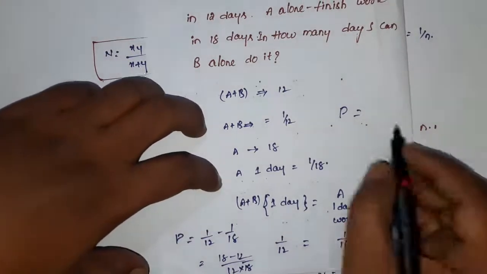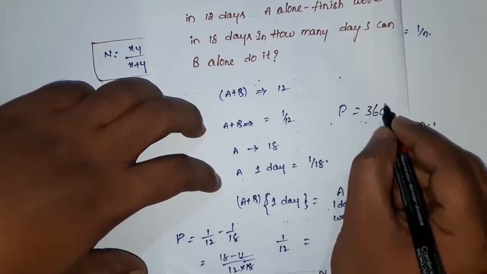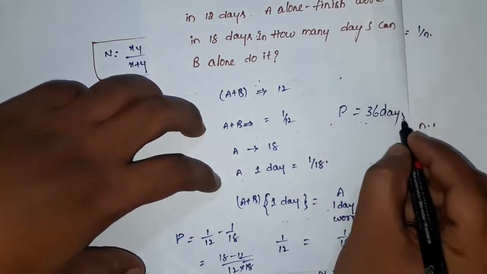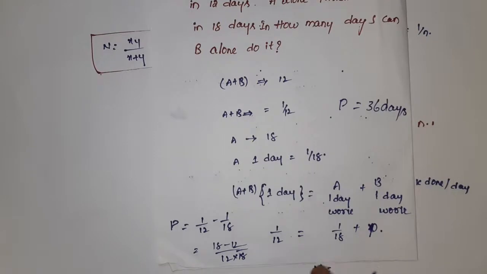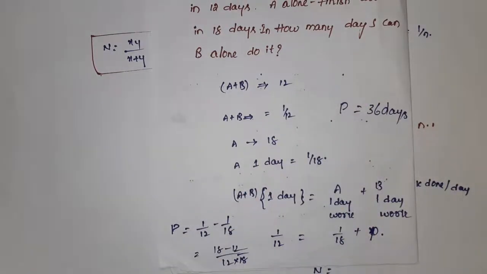So 36 days. The answer will be 36 days. We just take the LCM of this and we found that B alone takes 36 days.